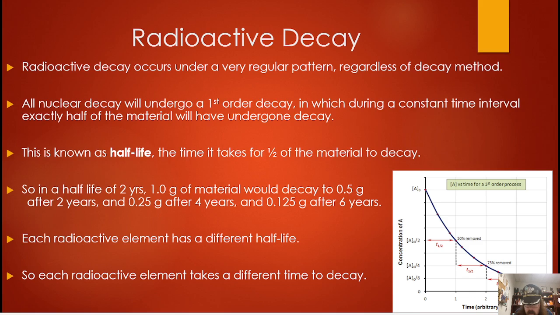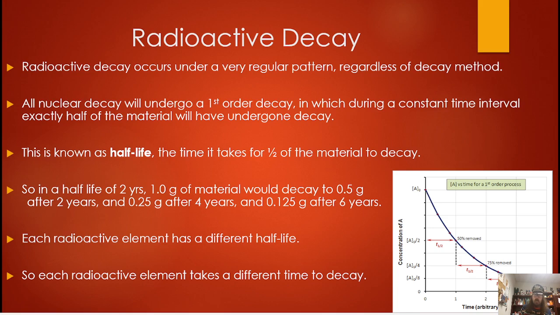The likelihood of this decaying is just that the material has to have enough energy to shake itself apart. And the likelihood of any given molecule of shaking itself apart is based on this first order process.